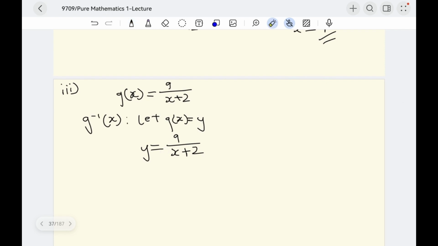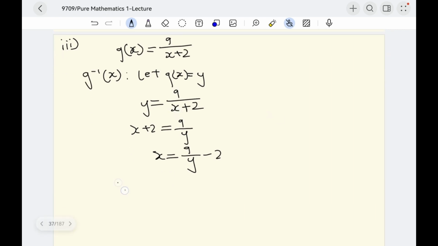Now you switch the subject to find x in terms of y. That means you let x be the subject. To do this, swap the positions and then move the plus 2 to the other side to get x equals 9 over y minus 2.